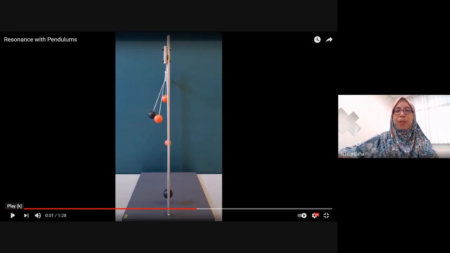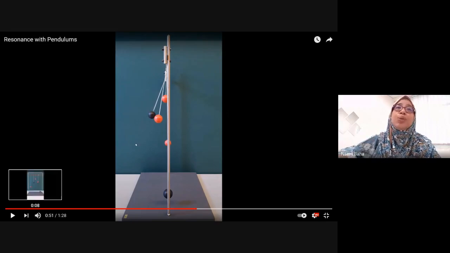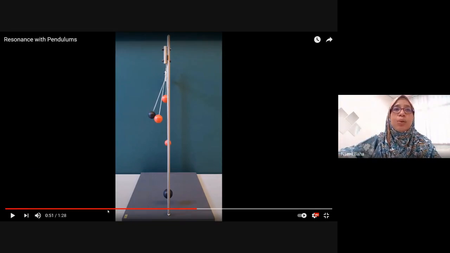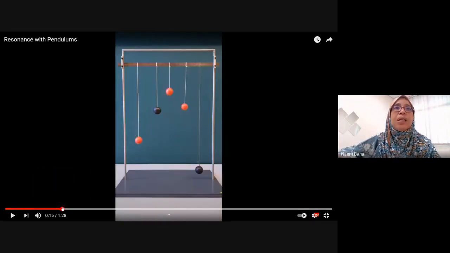Now, which one is the forced vibration? There are two forced vibrations actually. The one who displaces it is the one exerting the force initially, but afterward the force is transferred. Which one started first? The red one.